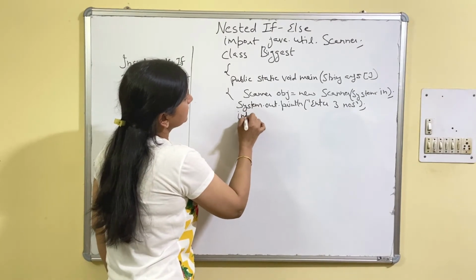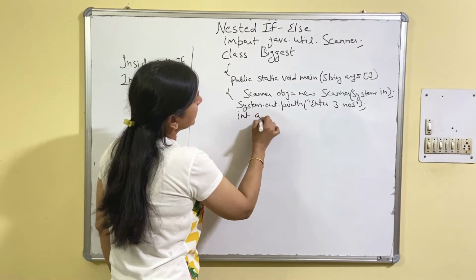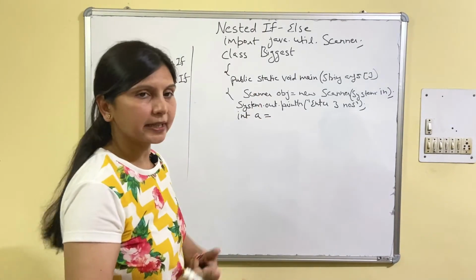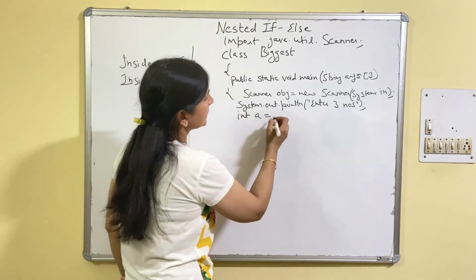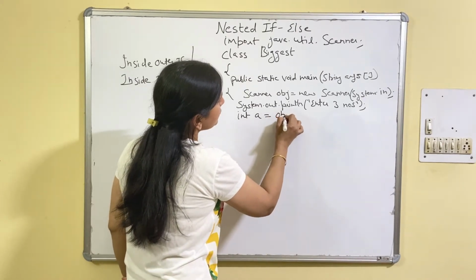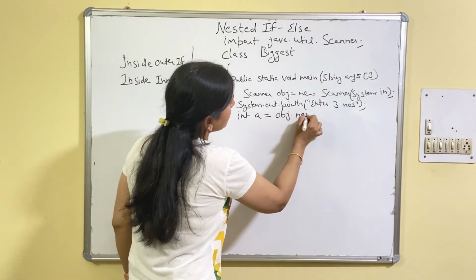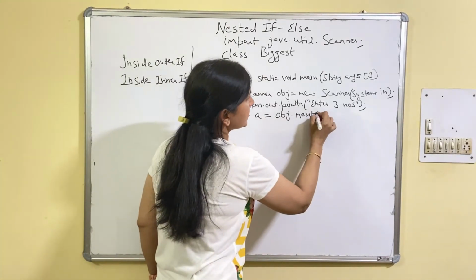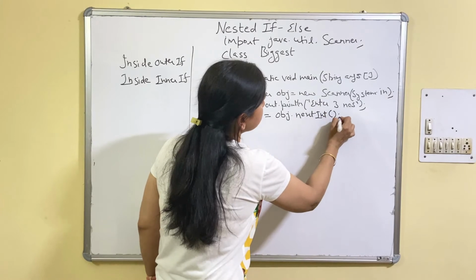Int a. Either you can declare before scanner int a, b, c, or here also you can declare int a equals to obj. Which function we will use? nextInt. nextInt is the function of scanner class.